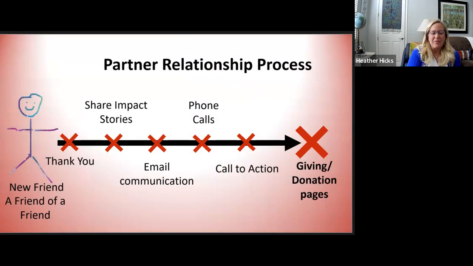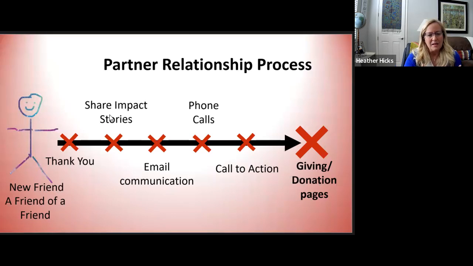So when you think about the donor's giving journey, and I called it the partner relationship process, you have a new friend or maybe a friend of a friend or somebody who has given to you in the past, and you've connected with them, and maybe they've gained some kind of a thank you because they've been a past donor, or they're interested in you or aware of what you've done. And so you've spent some energy connecting with this person somehow. And then you're in the process of giving them information about your organization, sharing with them what's happened, who you are serving and how the impact is happening.